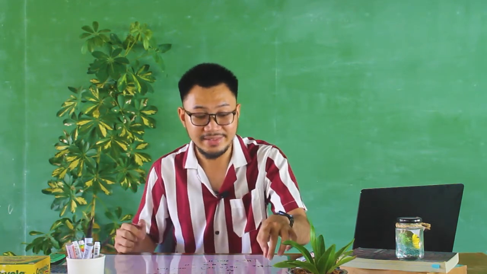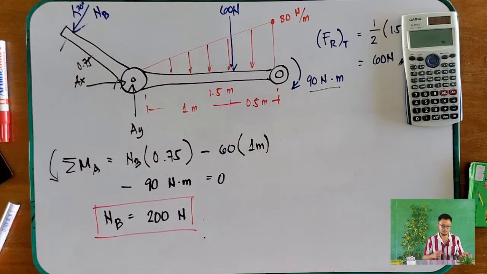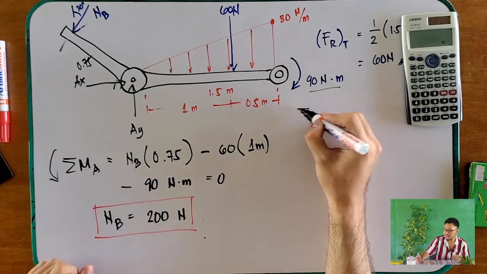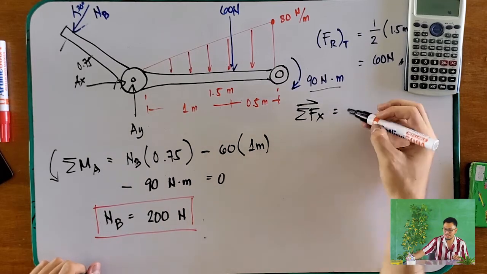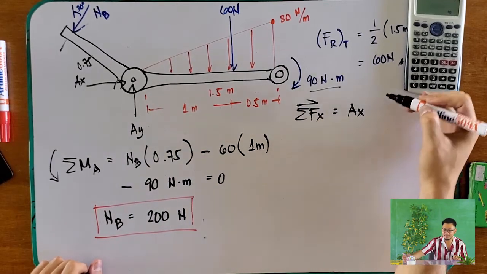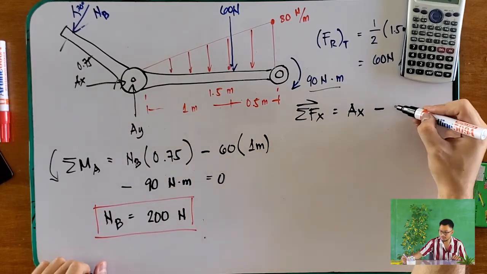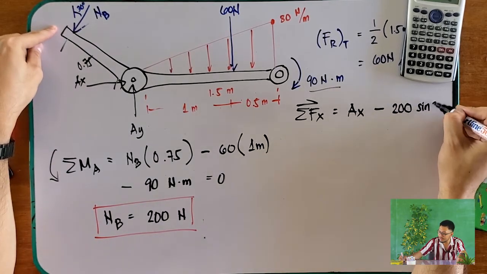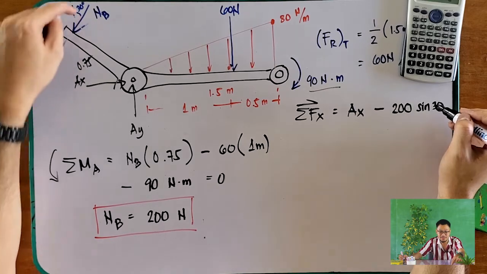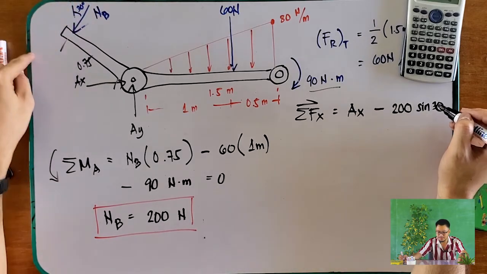Now, since your NB is now determined, then we can solve either your X or Y. Okay. So, first, the summation of forces along the X going in that direction, which is AX minus 200, which is your NB, sine of 30, sine, because this is your 30 and that is your X component.